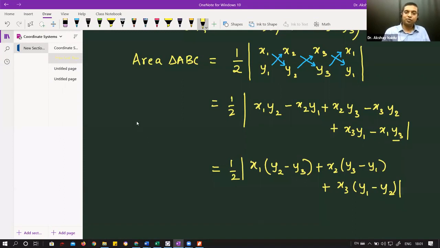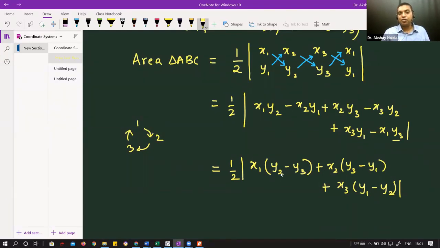If you see 1, 2, 3 in cyclic order, after 1 comes 2, after 2 comes 3, after 3 comes 1. The first term is x1 into y2 minus y3. The next two terms you have to do in cyclic order. After 1 comes 2, so instead of x1 you have x2.